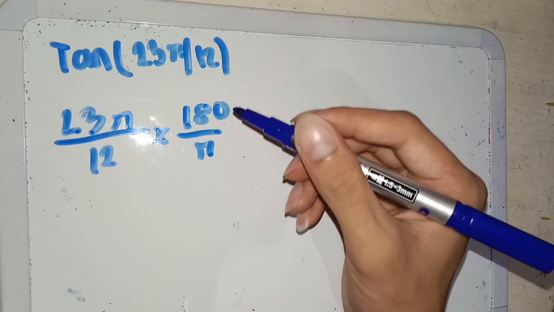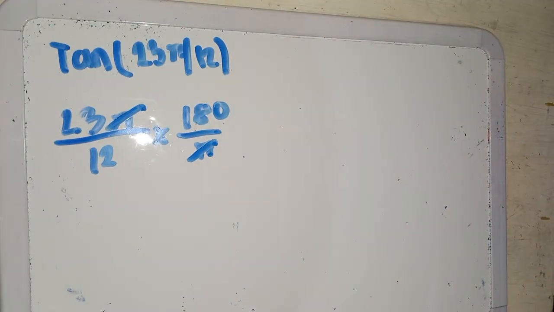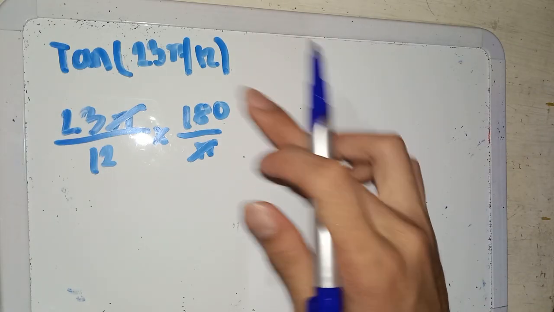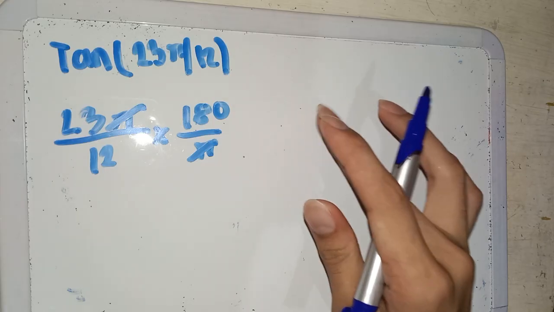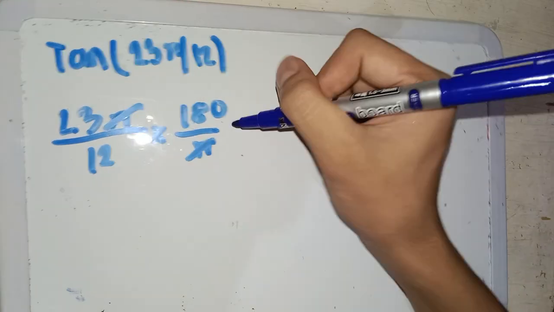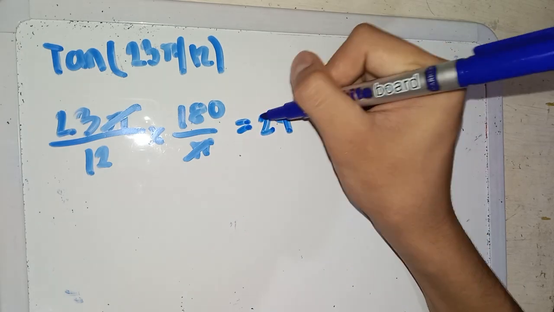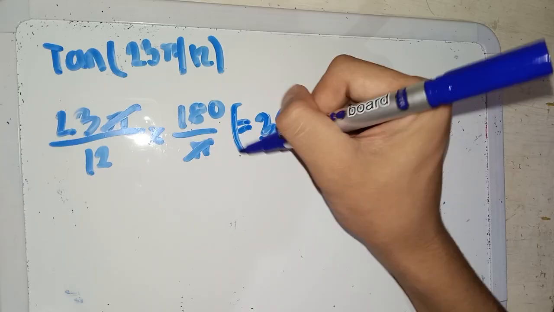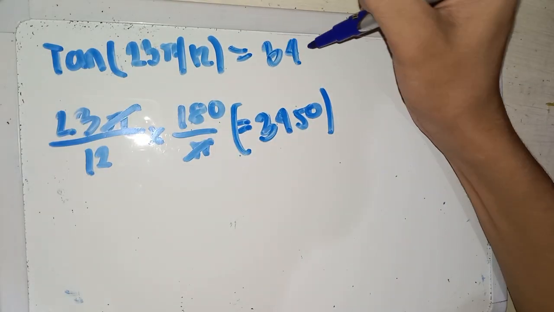This is going to be cancelled. So to get the answer, we need to multiply 180 times 23 divided by 12. So 180 times 23 divided by 12 is equal to 345 degrees.